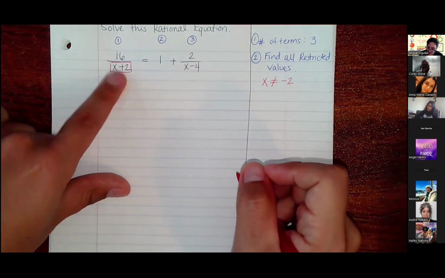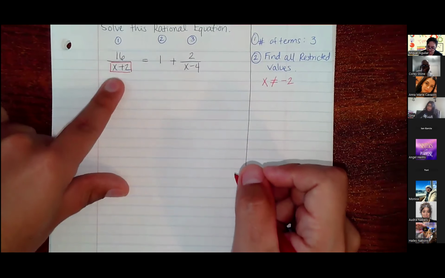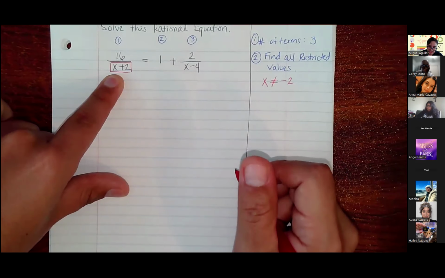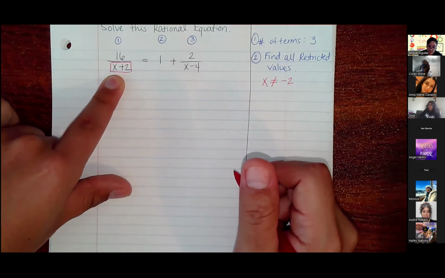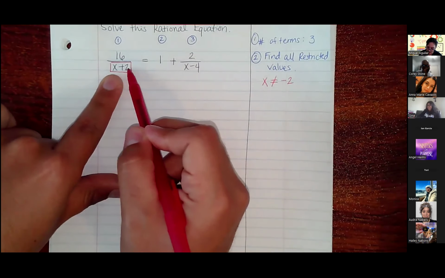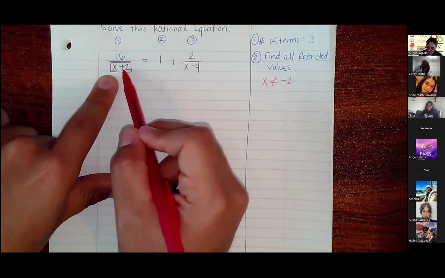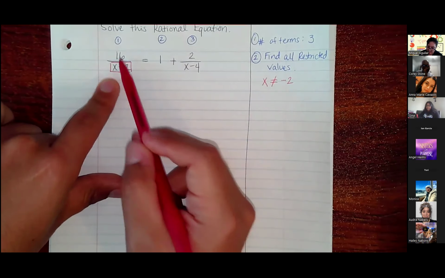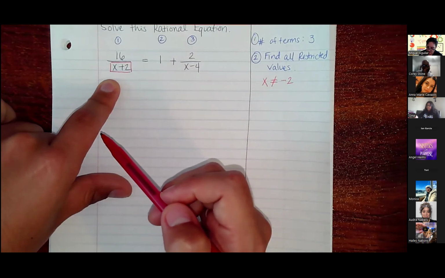Are there any questions about the restricted value for this first term? Some of them will be easy to just look at the denominator and say, oh, if I put a -2 here, or the opposite of +2, that's going to be restricted because -2 plus 2 would be 0, and I can't divide by 0.